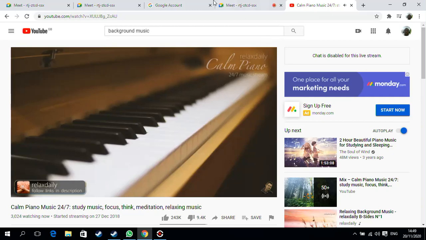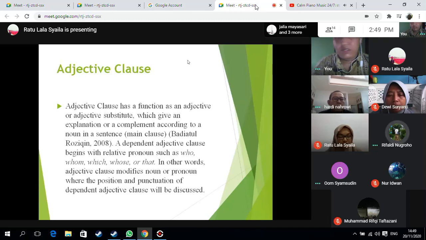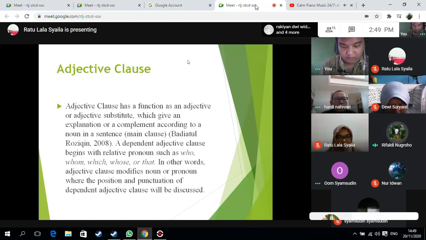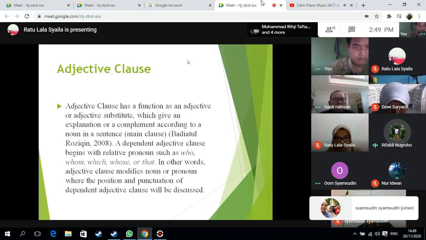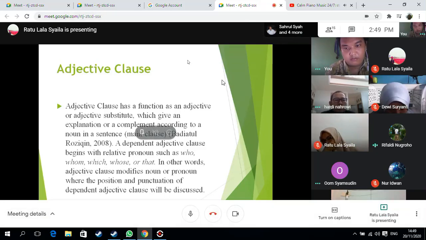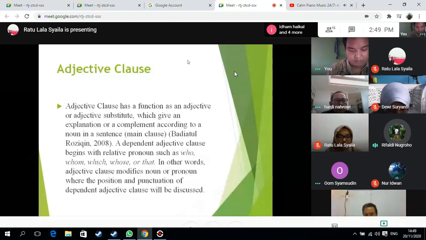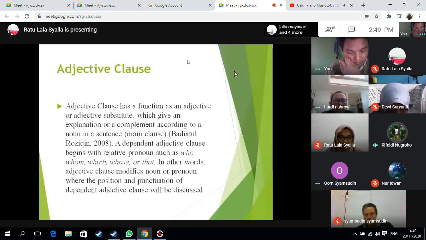Okay, adjective clause. An adjective clause has a function as an adjective or adjective substitute, which gives an explanation or a complement according to a noun in a sentence in the main clause. A dependent adjective clause begins with relative pronouns such as who, whom, which, whose, or that.